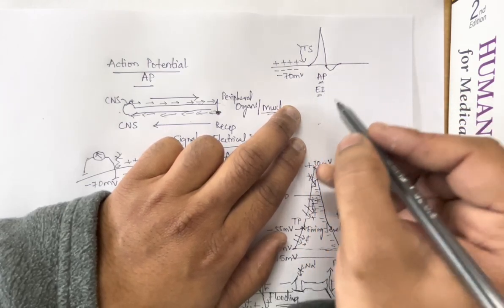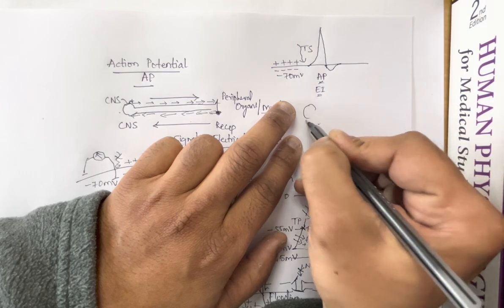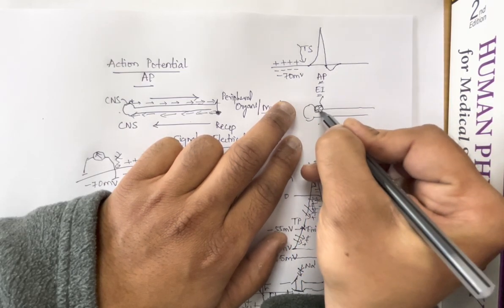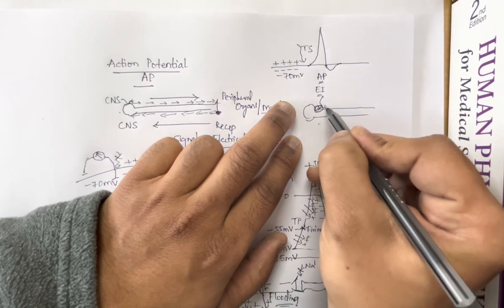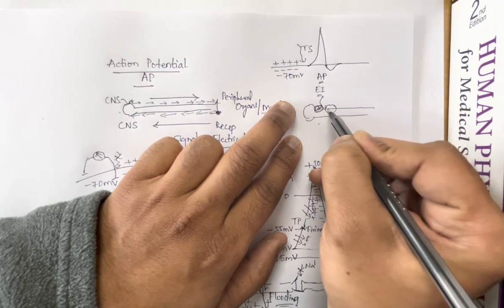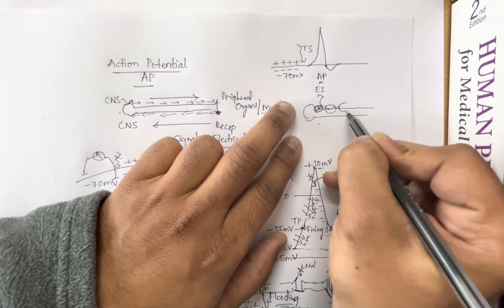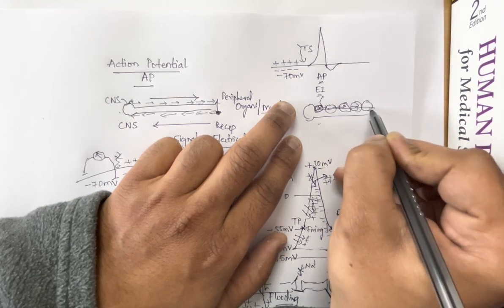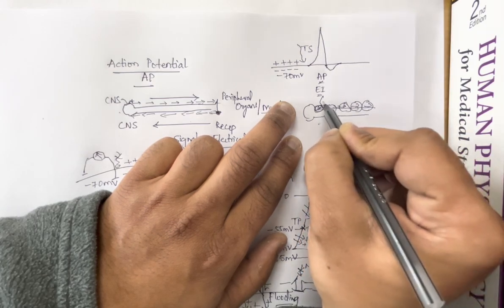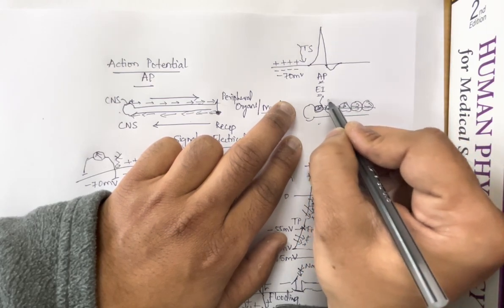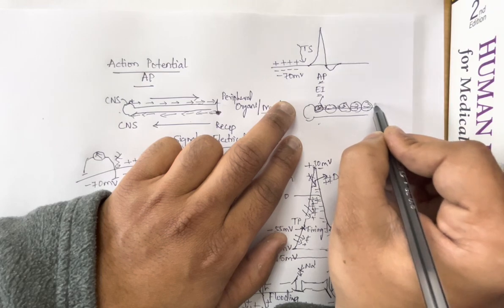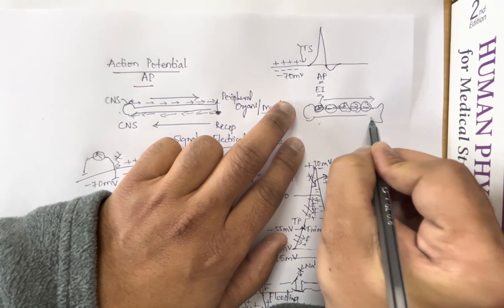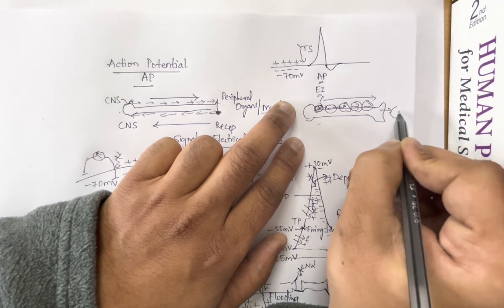So this electrical impulse that is generated at one point, the point of threshold stimulus, has to propagate to the neighboring area of the cell membrane. From this neighboring area, it has to propagate to the next neighboring area, and from there to the next. And this is how the electrical impulse transmits from one region to the other throughout the length of the axon till it reaches the nerve terminal, and finally excites the next neuron.